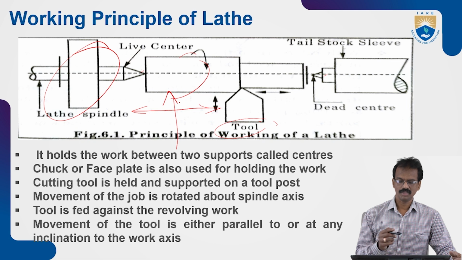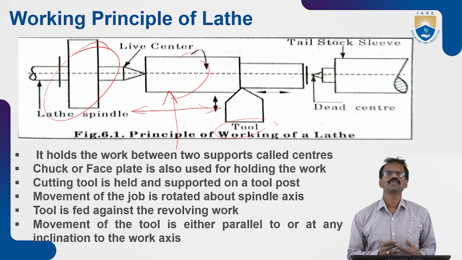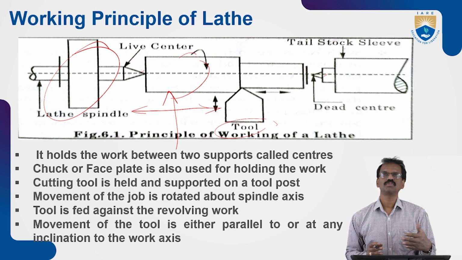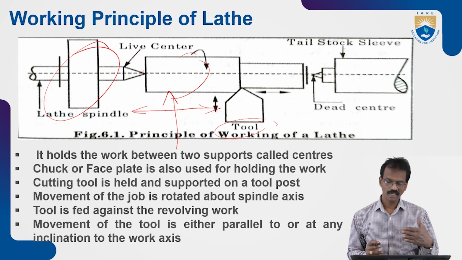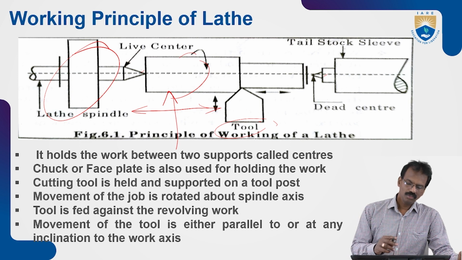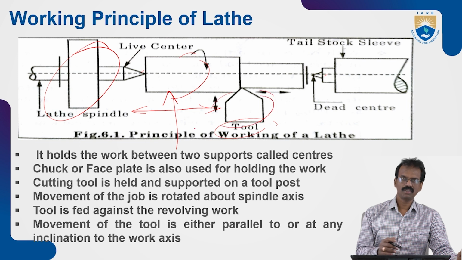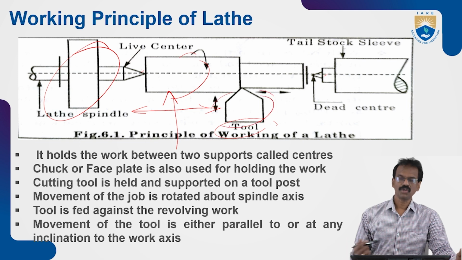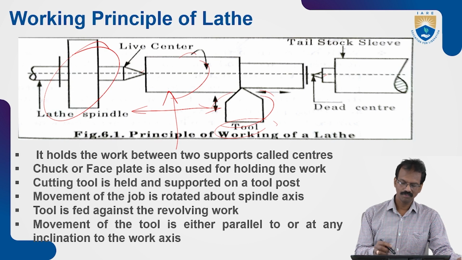For the facing operation, we move the tool bit in cross movement. For taper turning operation, we move the tool bit in angular motion. For the turning operation, we move the tool bit in the longitudinal direction, which is parallel to the lathe axis, with some depth of cut or feed.